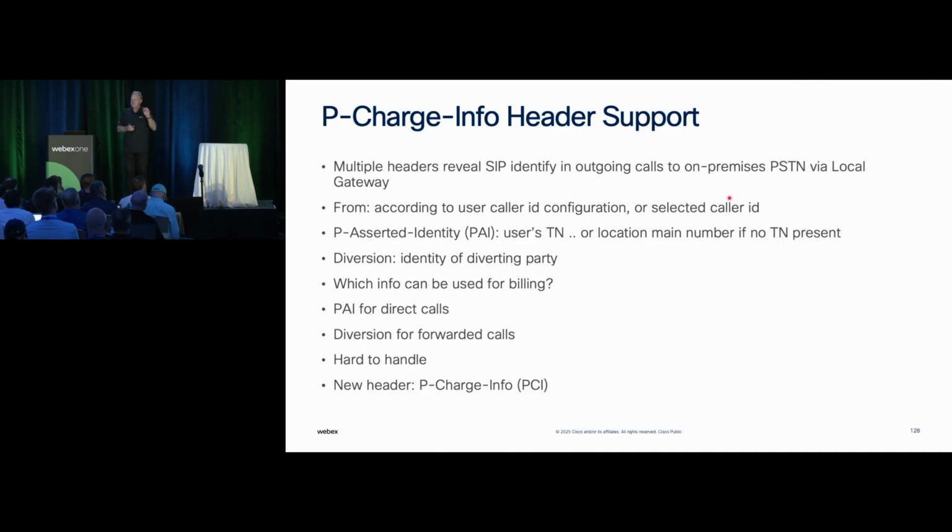It would be the caller who basically transferred the call, who redirected the call. For that, in SIP, we have the diversion header. So the service provider actually has the challenge of identifying, looking at the call flow, and basically going, all right, if there's a diversion header, then I use that as the identity I bill that stuff to. If there's no diversion header, I try to do the from. That's kind of hard to handle for them.